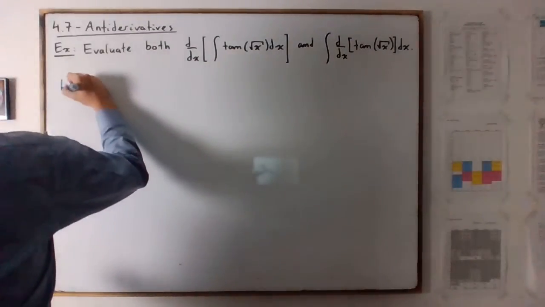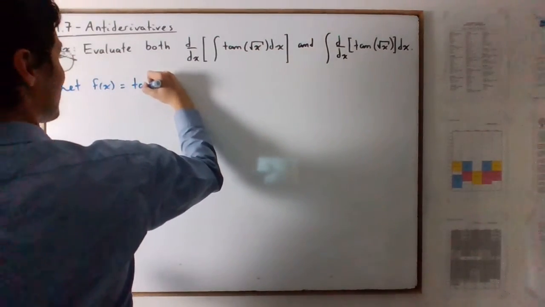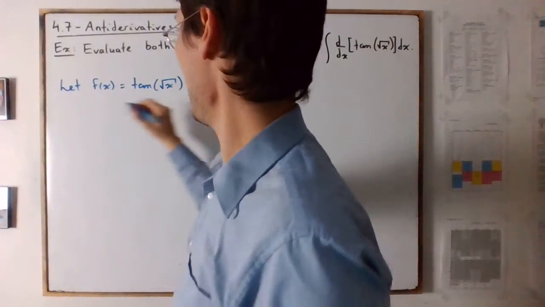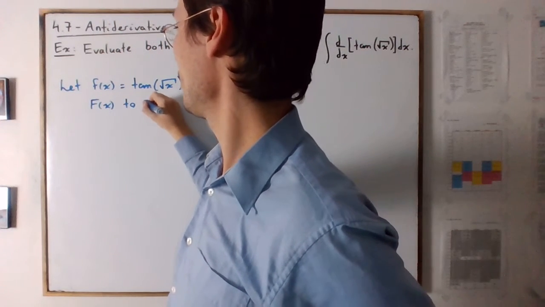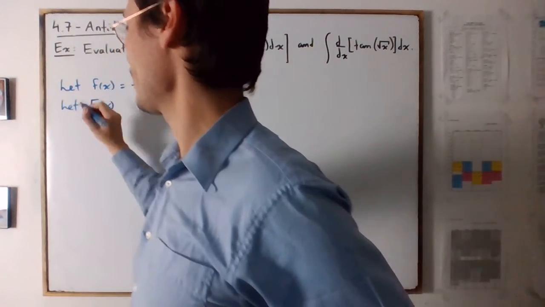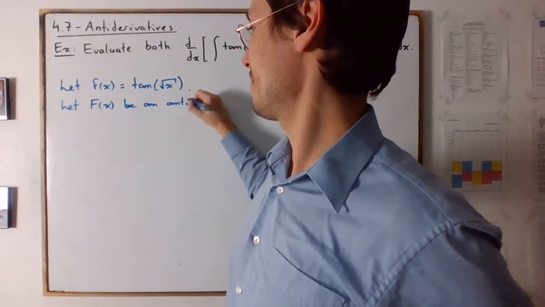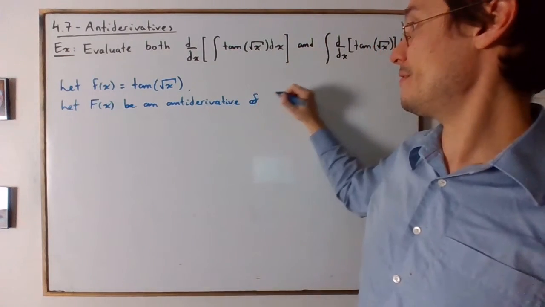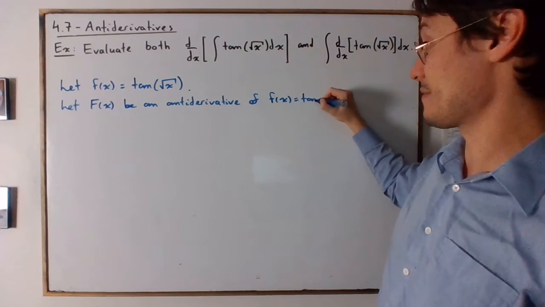Let f of x be equal to the tangent of square root of x, and let capital F of x be an antiderivative of f of x, which is again the tangent of square root of x.